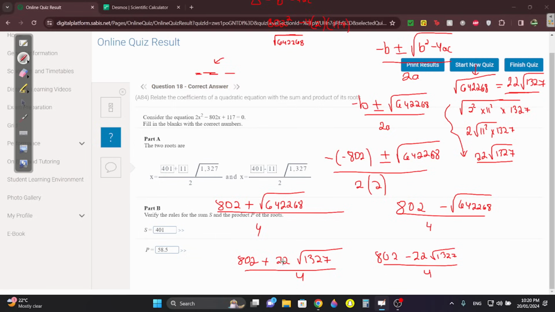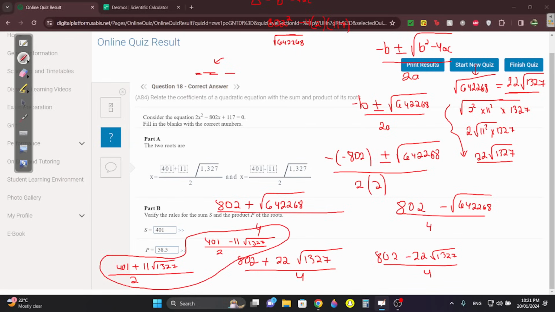You can divide by 2 up and down. 802 divided by 2 is 401, 22 divided by 2 is 11 radical 1327, and 4 divided by 2 is 2. The other one is the same but minus, so it will be 401 minus 11 radical 1327 over 2. These are your two answers.